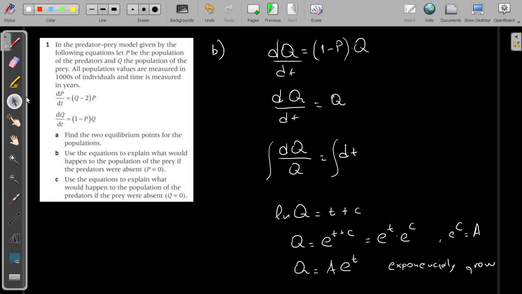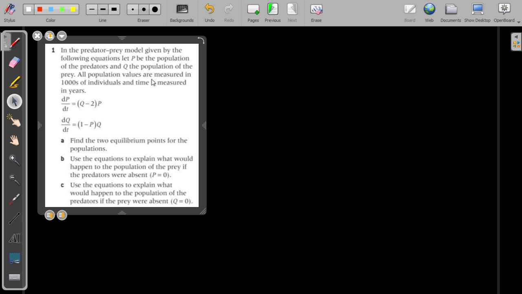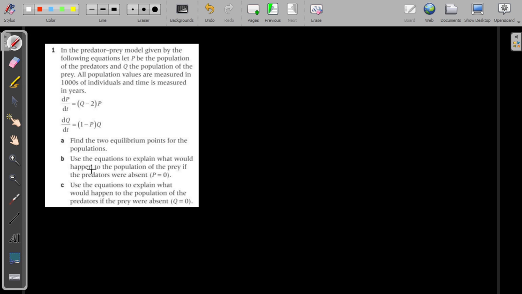And let me see the next question, which says: use the equation to explain what will happen to the population of the predators if the prey were absent, meaning Q is 0.